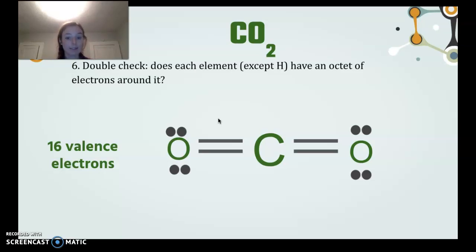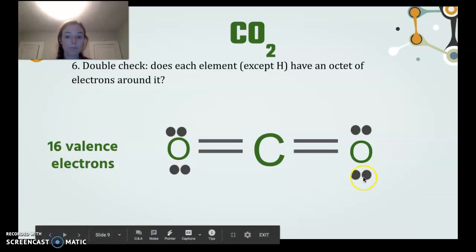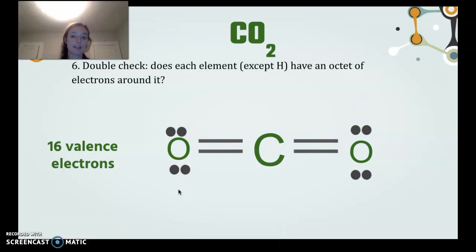The answer is yes. And I also want to double check. Do I have 16 valence electrons total? 2, 4, 6, 8, 10, 12, 14, 16? Yes. So I like putting a check mark next to all my work to remind myself that I did indeed check my work. Make sure that you've shown all 6 steps and you have your final answer before we move on to the next molecule.